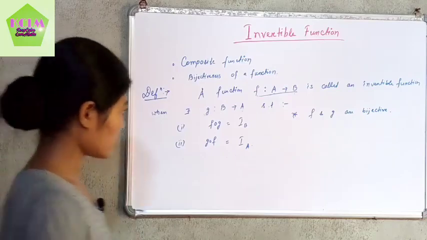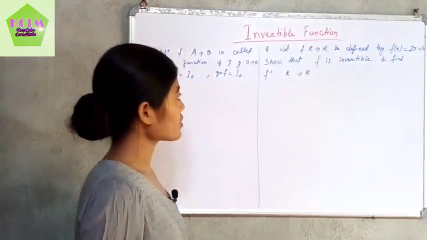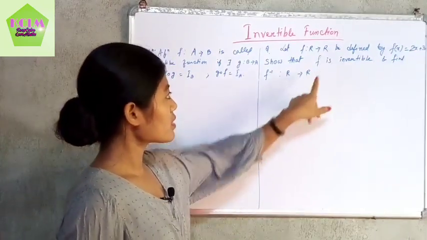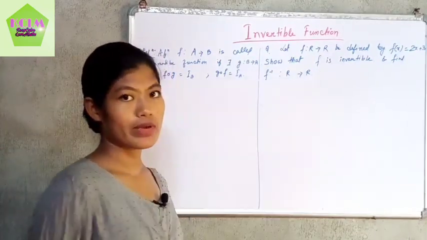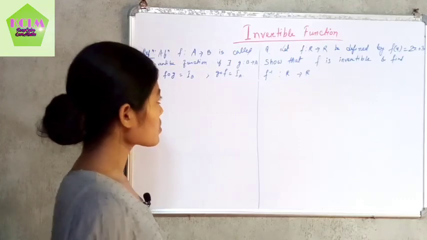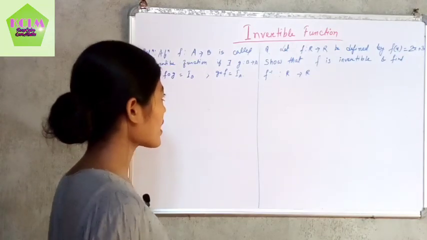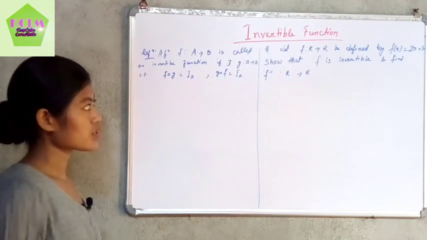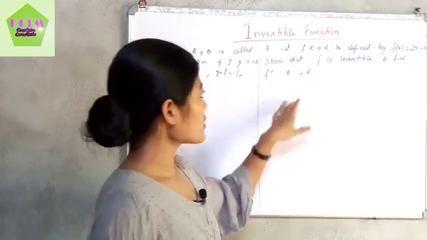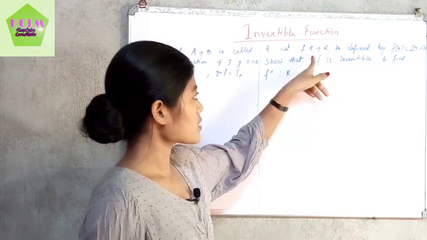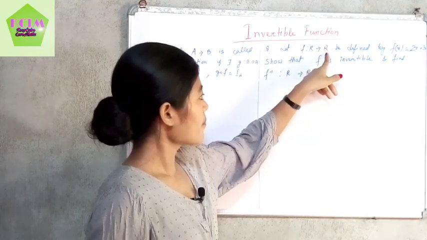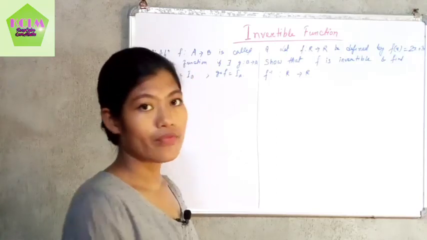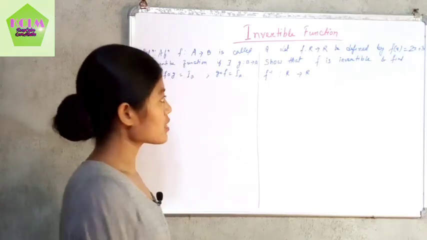Let's go through it. This is the question related to this topic. Let f from R to R be defined by f of x equal to x plus 3. Show that f is invertible, and find f inverse, where f inverse goes from R to R. So we are given a function f from the set of real numbers to the set of real numbers, defined as f of x equal to x plus 3.